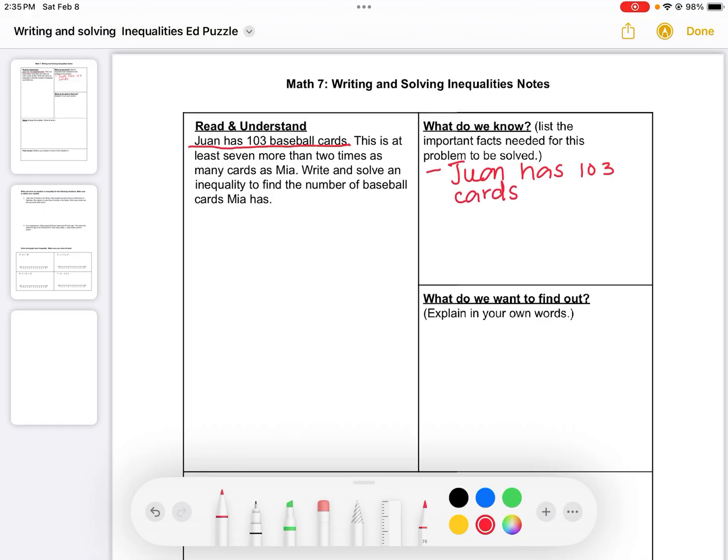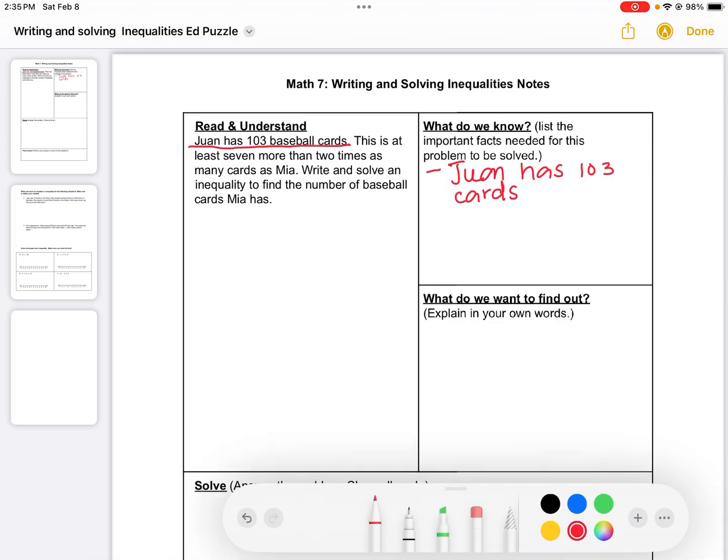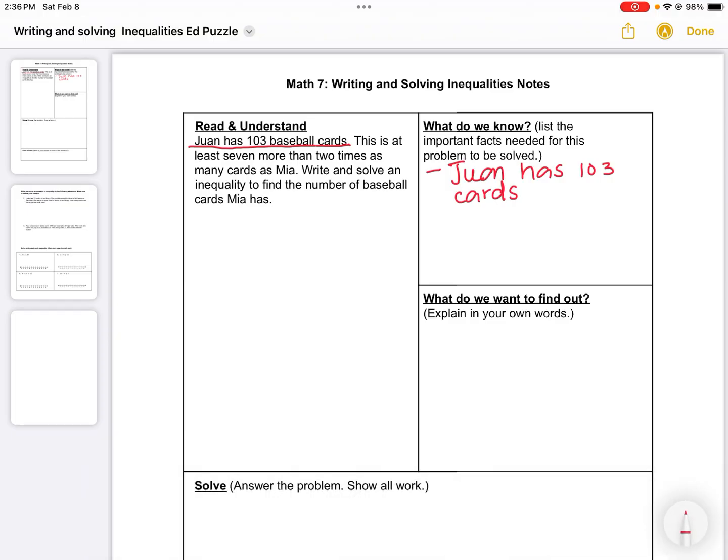The next super important thing that I need to look at is what keywords I am going to find to help me figure out what inequality symbol I'm going to use. I can find these 2 words in the second sentence, and they are "at least." So I'm going to make a little second list, and I'm going to put the words "at least."